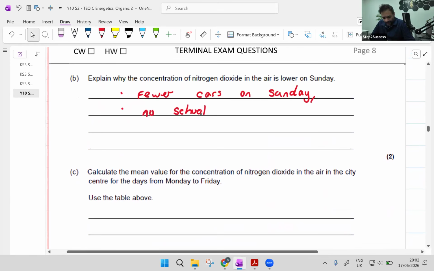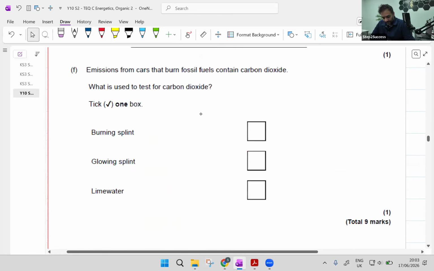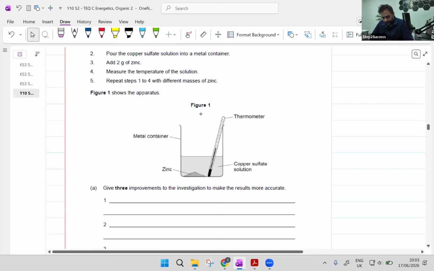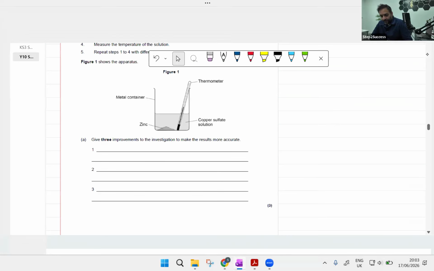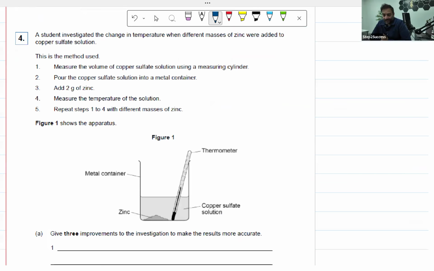For 3B, okay. Three improvements to this investigation. So this wasn't the same in the Key Stage 3 homework as well, but any investigation where you are investigating temperature, it is important to do a few specific things every time.